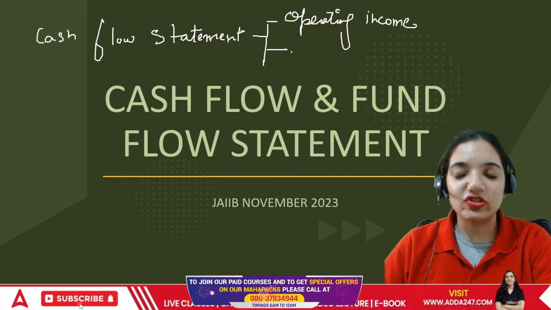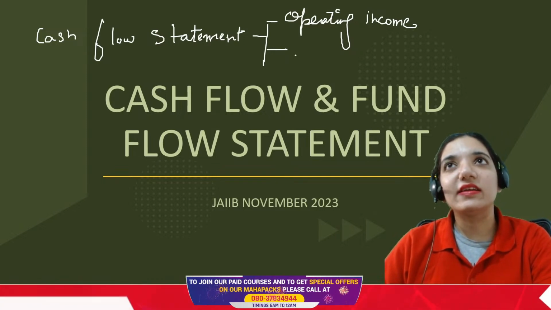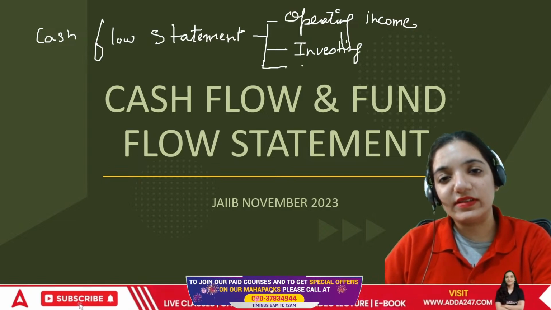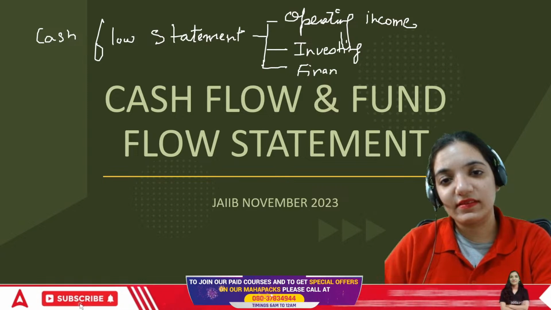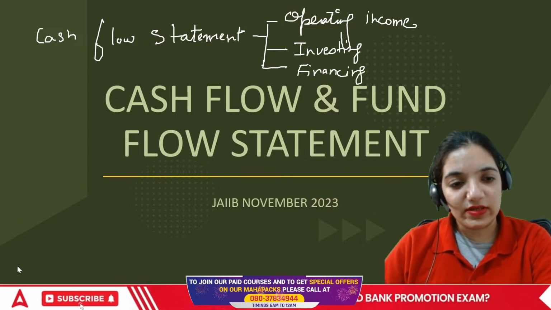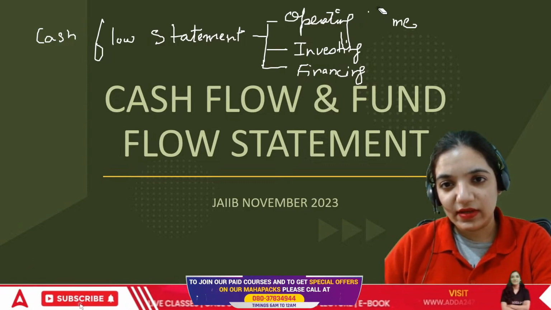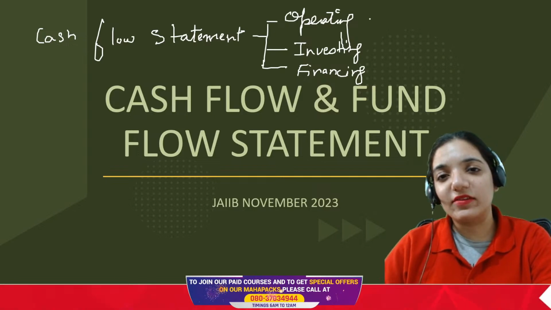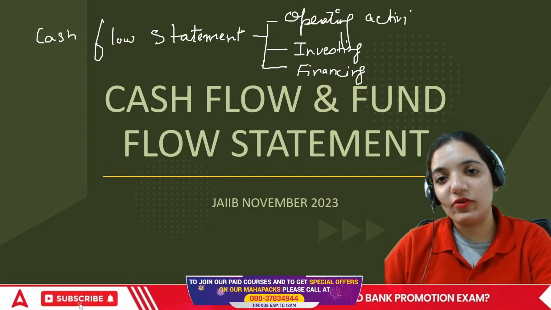Second is operating. Then we have investing. And third is financing. Acha, let's not call it income because that's wrong. I'll call it operating activities. The activities which are done wholly solely for the business.